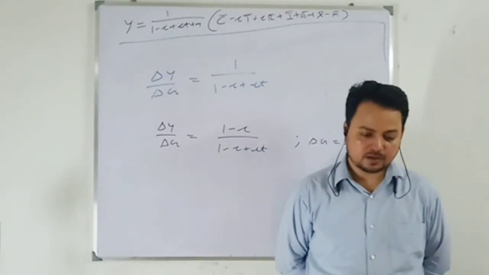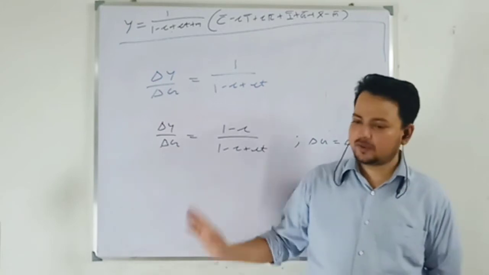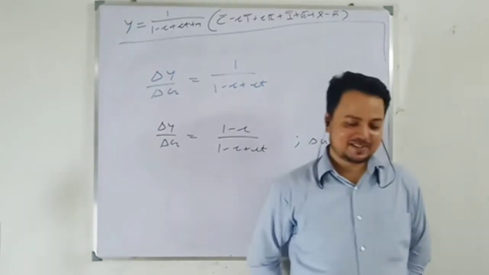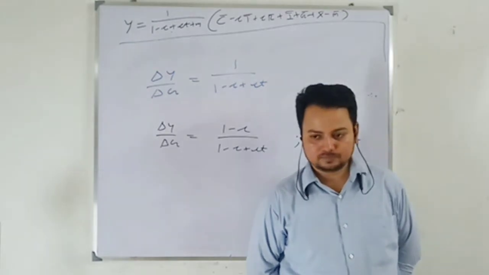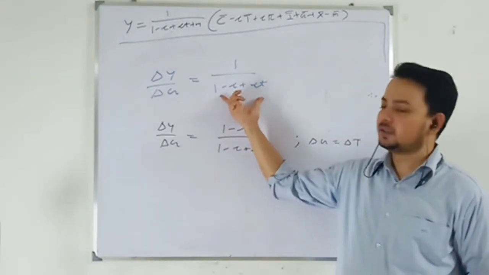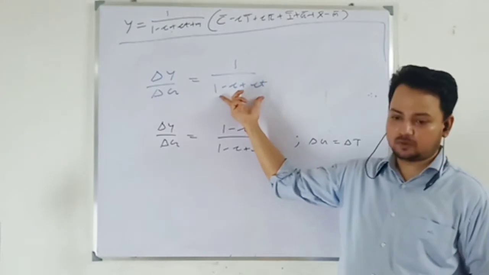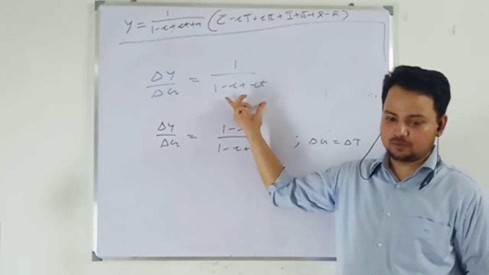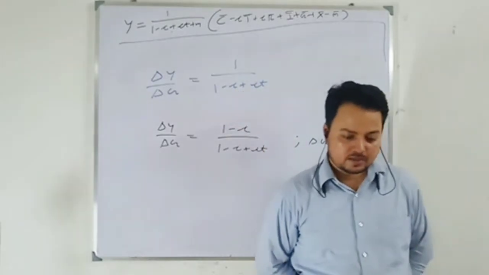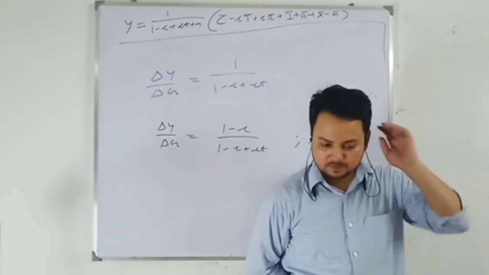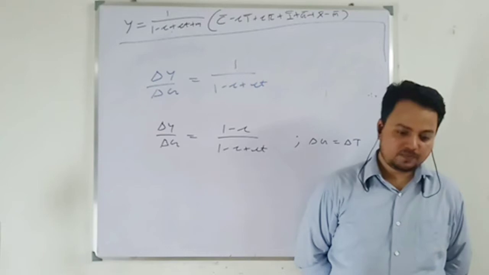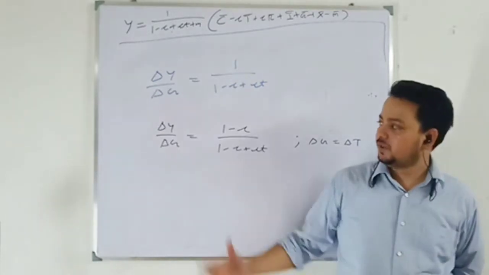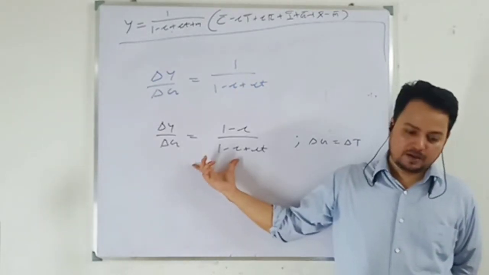Derivation part you do it. Don't forget to write this in the conclusion: fiscal multiplier without balanced budget is greater than fiscal multiplier with reference to balanced budget multiplier.